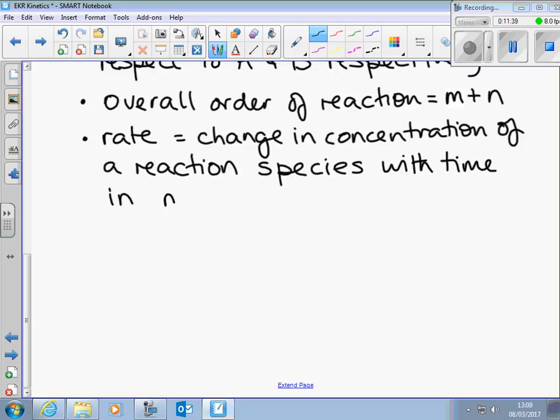So we're looking at moles per decimeter cubed per second. All right, so that's our definition, and everything else we do now, hopefully, we'll elaborate on that a bit.